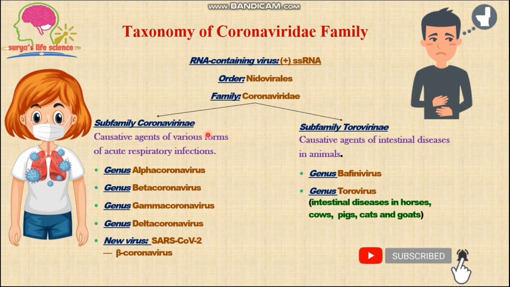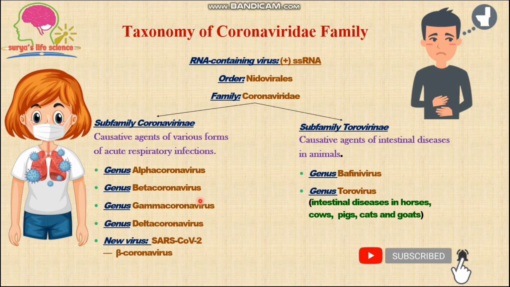Firstly, the subfamily Coronavirinae is responsible for various forms of acute respiratory infections in humans and animals, and subfamily Torovirinae is a causative agent for intestinal diseases in animals. There are in total 4 genera under the subfamily Coronavirinae: genus Alpha coronavirus, genus Beta coronavirus, genus Gamma coronavirus, and genus Delta coronavirus. The first SARS virus belongs to the Beta coronavirus.